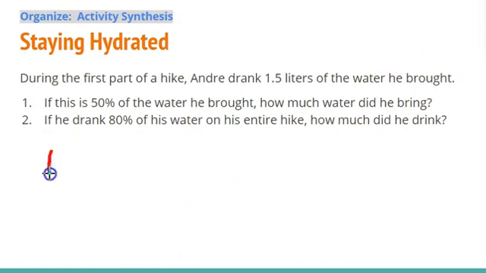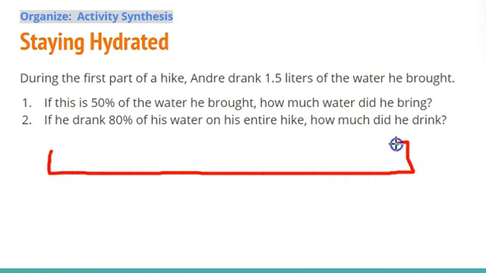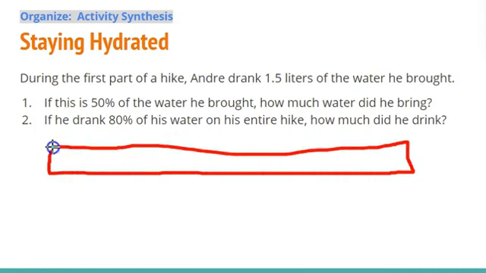Okay, so I'm going to make this the entire thing. We know that in number 1 here it says if the 1 5/10 liters is 50%, how much did he bring altogether?